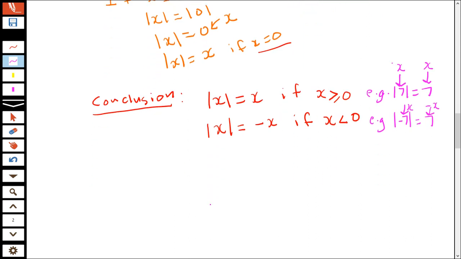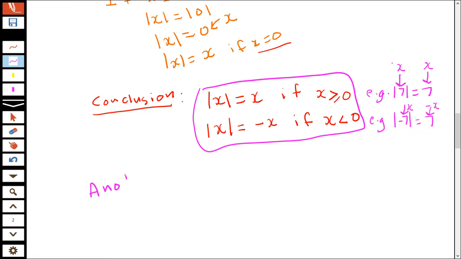Okay, now there is one more definition for absolute value which we can write down. So this is our formal definition here. Okay, so here's another definition for absolute value.